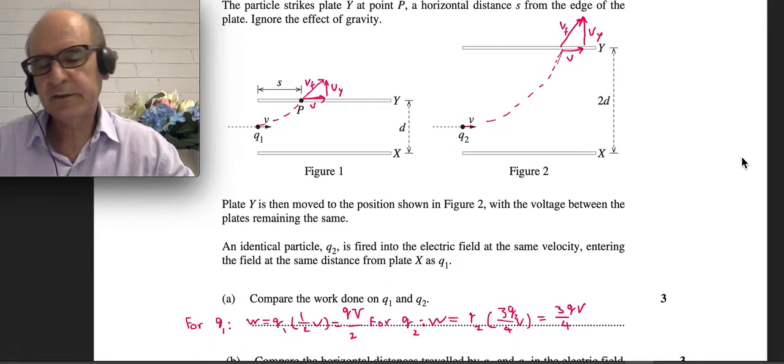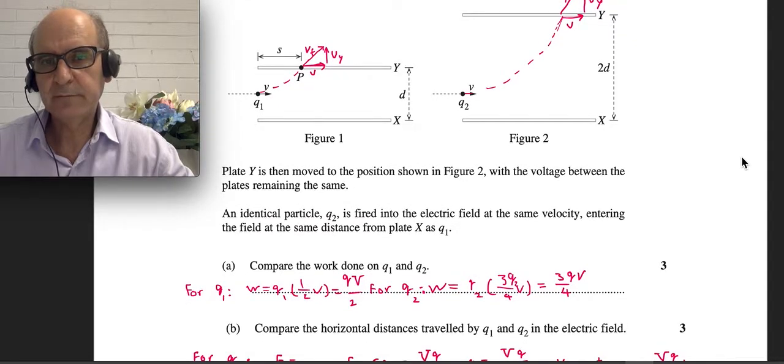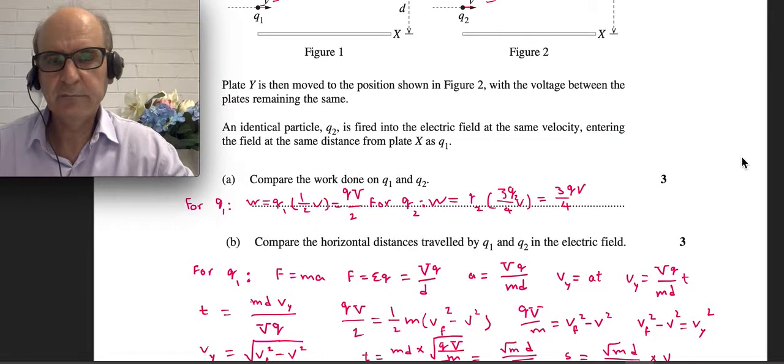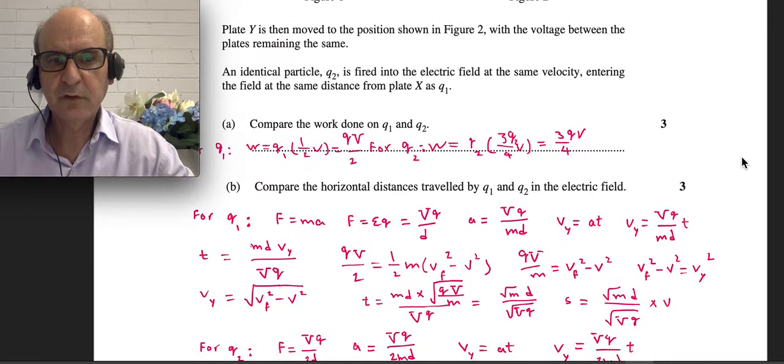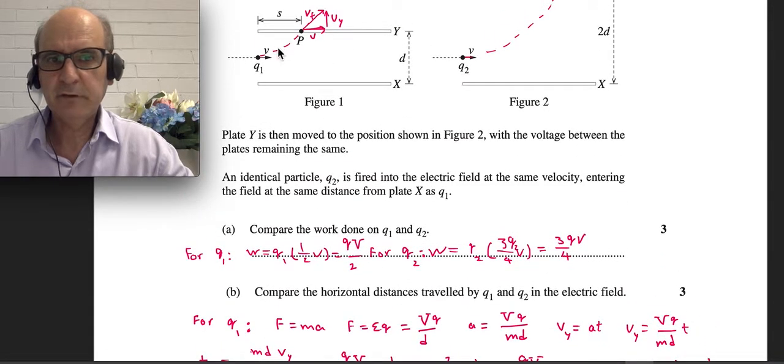We can either explain it qualitatively, but I've done it quantitatively, and I'll show you how we can do that. For charge 1, F is equal to ma, because it's accelerating vertically. This is exactly a projectile motion, but with a different acceleration, and rather than accelerating downwards, it accelerates upwards.